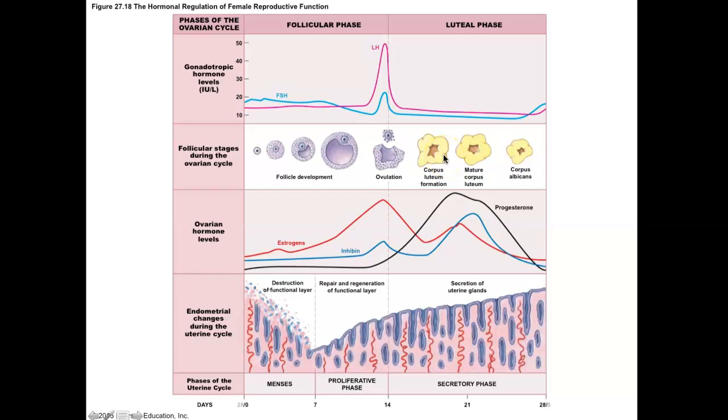Now, I also want you to look at this huge spike. This is mentioned in your outline too. What signals ovulation is a very large spike in luteinizing hormone. So you see that's low, there's a huge spike in it, and then it's low again. This hormone is produced by the brain and is going to trigger ovulation.